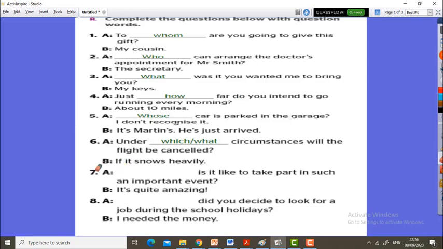The seventh question, we are asking about something where the answer is "It's quite amazing." So it is a sort of information, and I think we can use what or how.